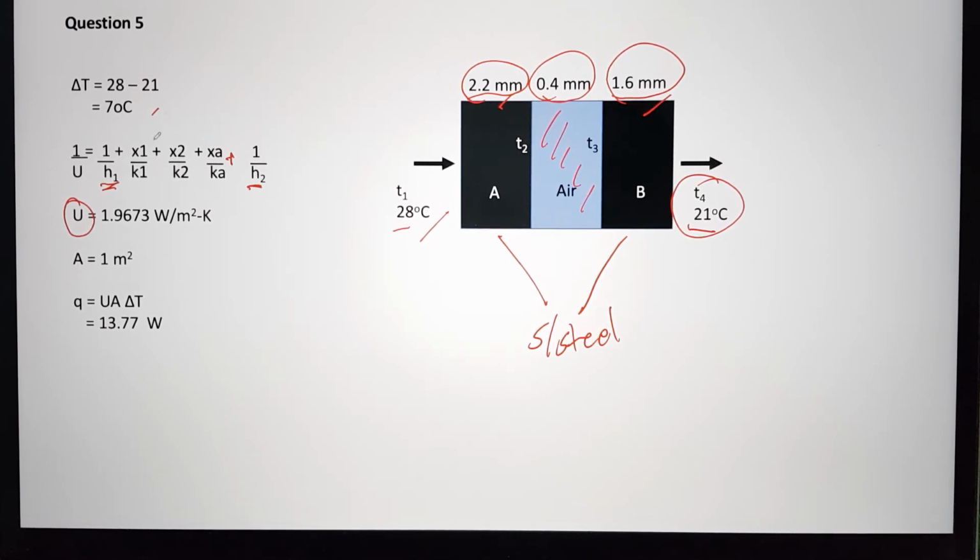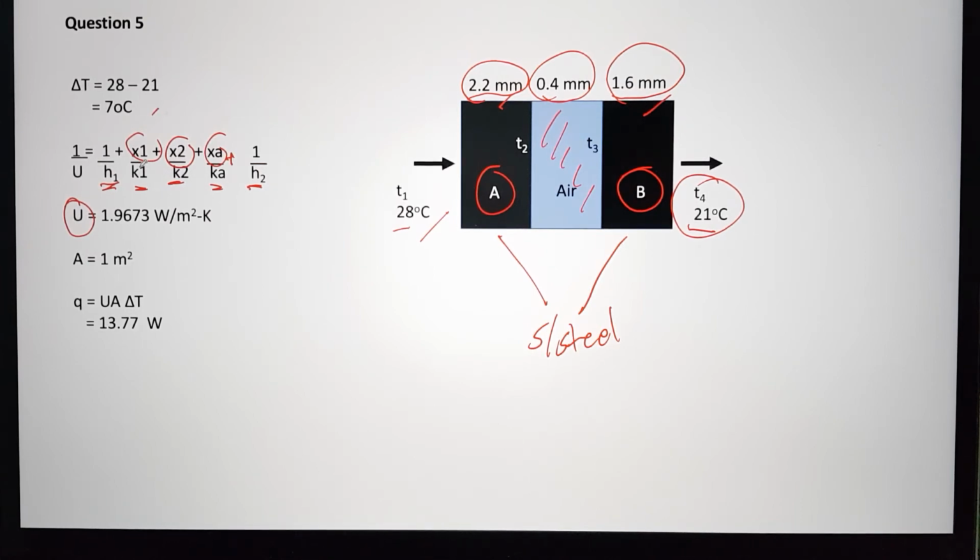Then the thickness has been given for each pane, stainless steel pane A as well as pane B, followed by the thermal conductivity of the stainless steel as well as of the air.